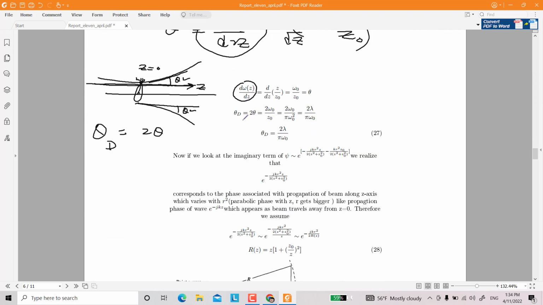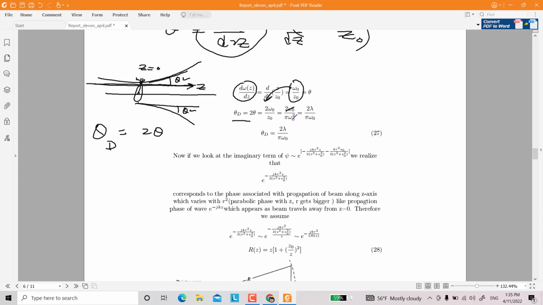So d omega z by dz is theta, which turns out to be omega naught over z naught. If we calculate the total diffraction angle, the diverging angle of the beam, theta d, which is 2 times theta, and plugging the value of theta here, you come up with this.